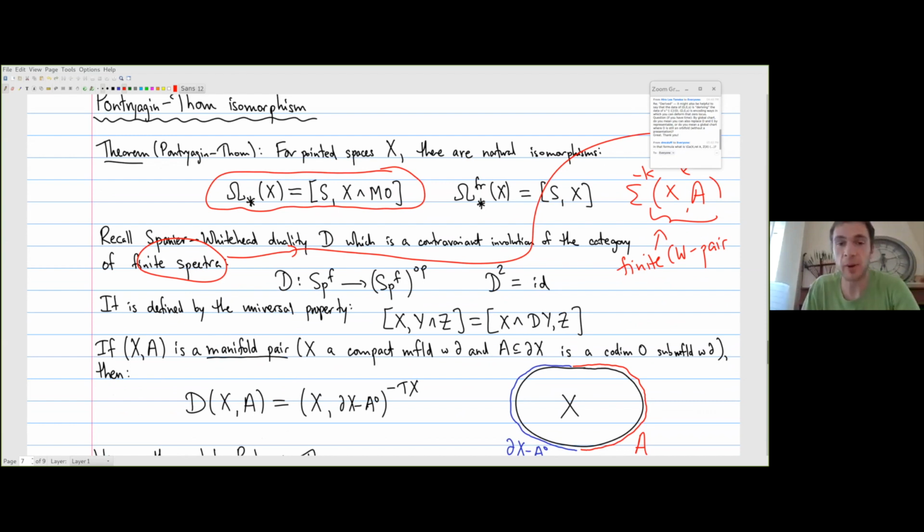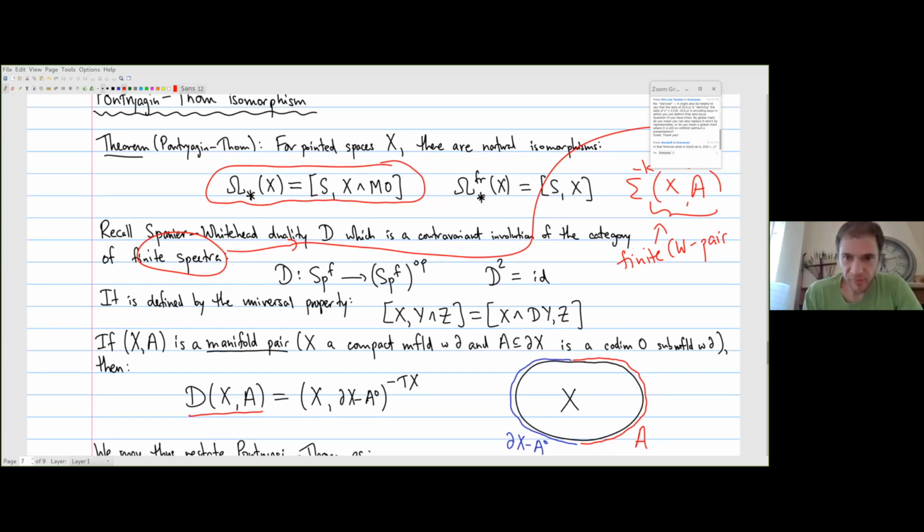Its Spanier Whitehead dual is given by this formula on the right here. I again take X. I now make it relative to the other part of the boundary, complement of A, and I desuspend by the tangential. Okay, so that's a more concrete definition.